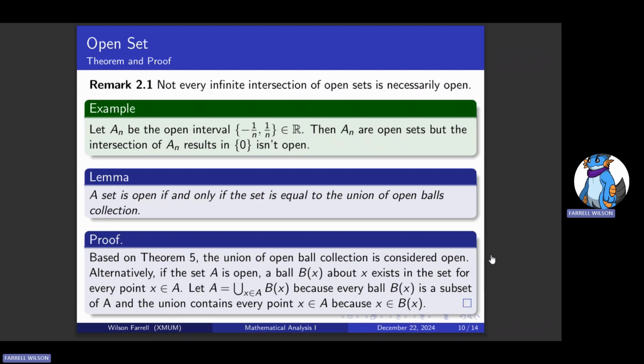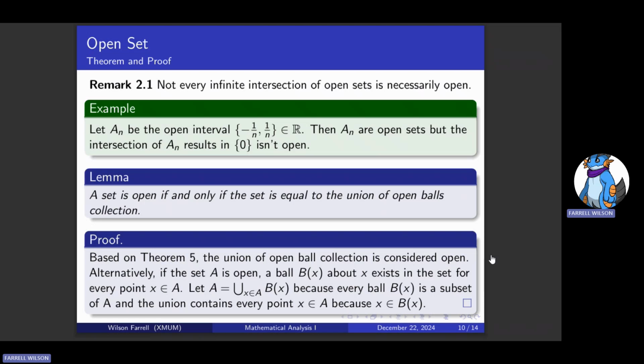As for the lemma, it states that a set is open if and only if the set equals the union of a collection of open balls. To prove that, we use the theorem we just proved previously, which states that the union of a collection of open balls is open.